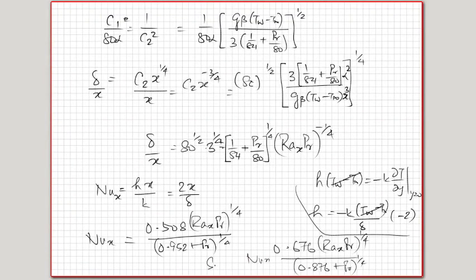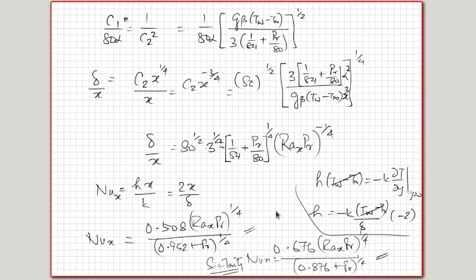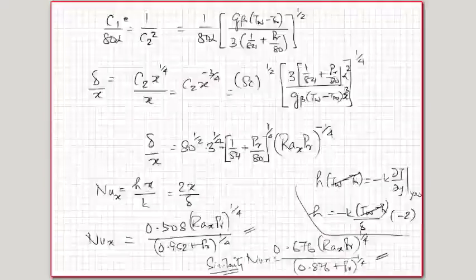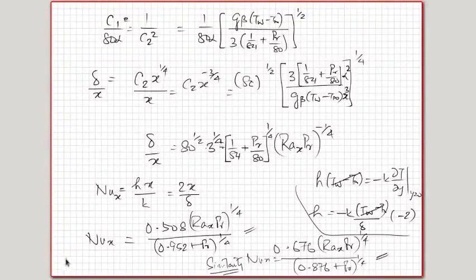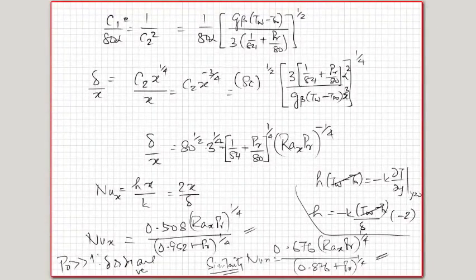This is the similarity solution. Okay, so this is the exact solution, right? This is the approximate solution that you have got. So actually the match is reasonably good, but the only problem that you get with the integral method is that the prediction of the boundary layer thickness is not always correct, particularly for Prandtl number much greater than 1, where delta and delta t are very different.